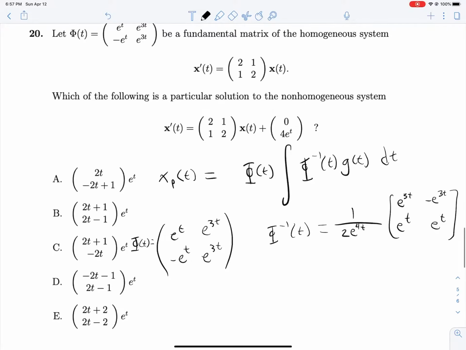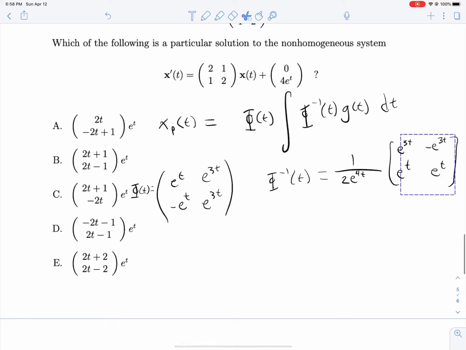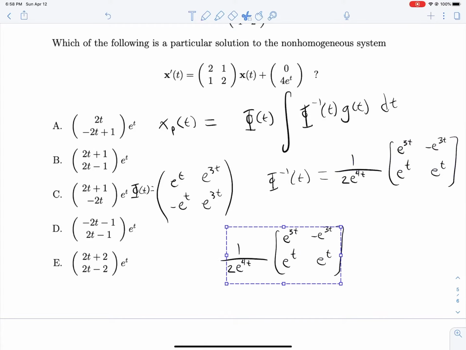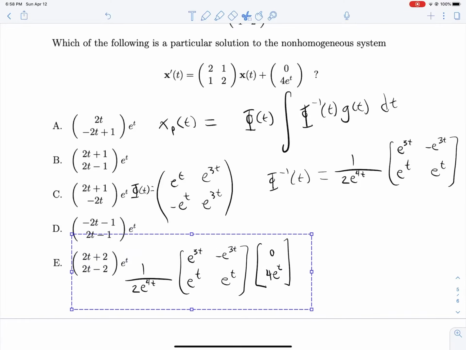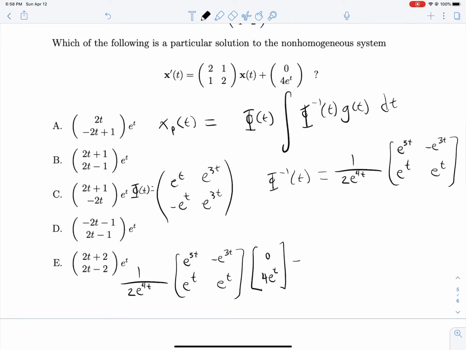Okay, now we're taking this and multiplying it by 0, 4 e to the t on the right, taking the integral dt, but I won't write that just yet. So this is equal to, well, let's do the computation. We have 1 over 2 e to the 4t on the outside. We're going to get a 2-by-1 matrix.